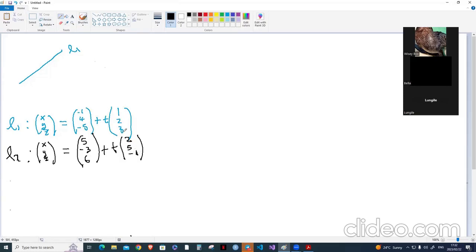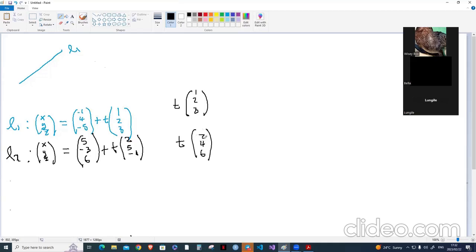If these lines were parallel, we would have something like t(1, 2, 3) and then t times a multiple of this one, maybe 2, 4, 6.